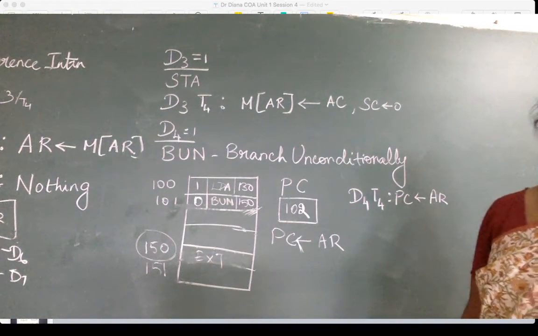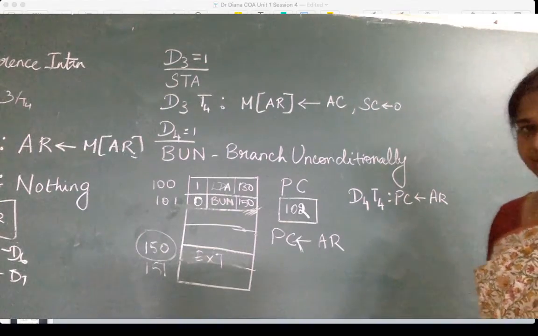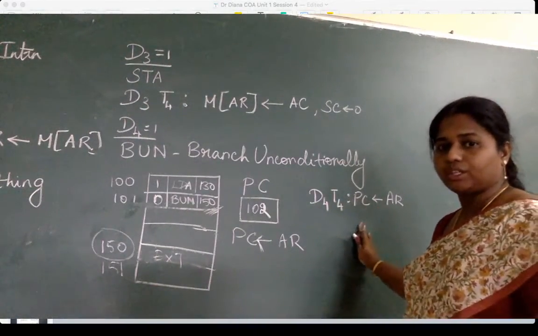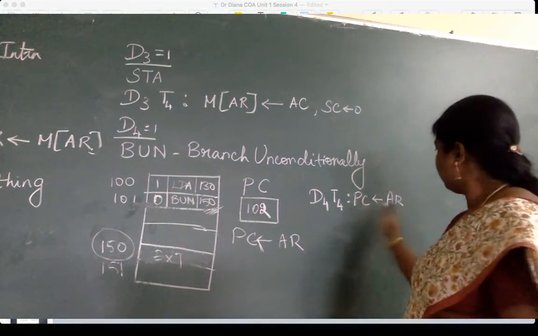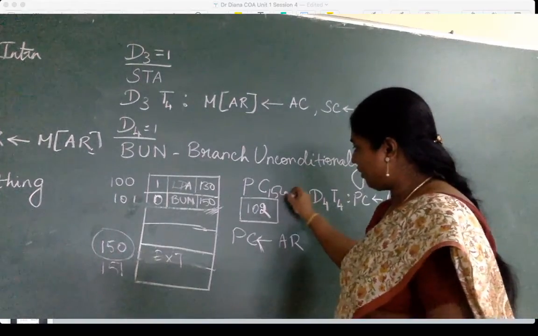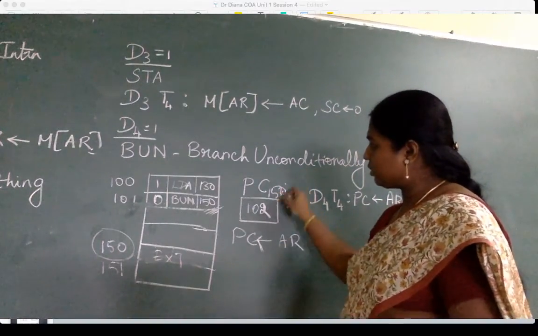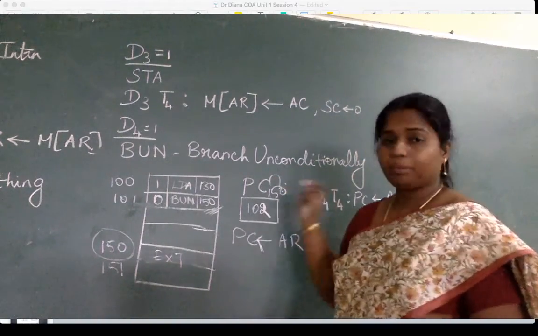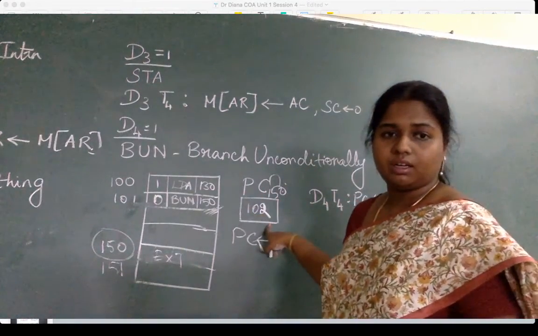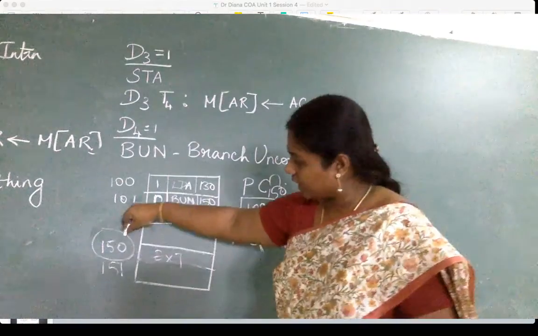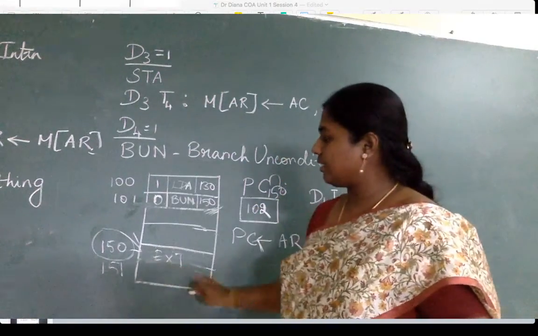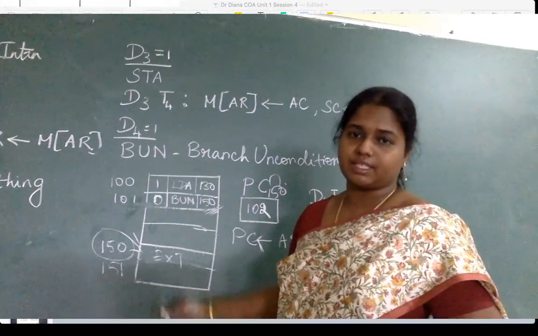This is called branch unconditional. The PC value is updated to 150. When the PC value is updated to 150, the computer understands that the next instruction to be executed is found in 150, and it starts reading this into the instruction register next.